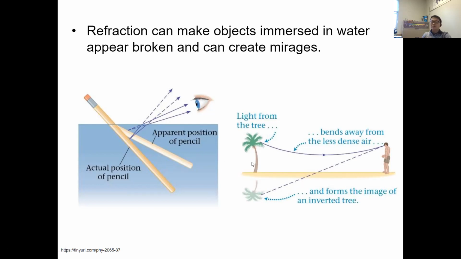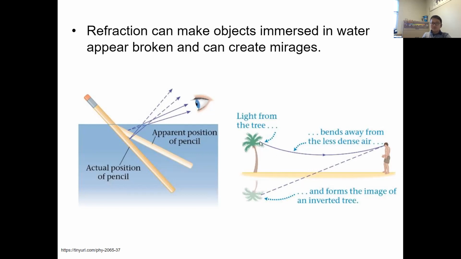Also, in the summer, particularly, if you look at the surface of the ground, it could be hot, so above it should be cooler. There's a temperature gradient here, which makes a variation of the density of air, which is related to the index of refraction of air. So the index of refraction varies.